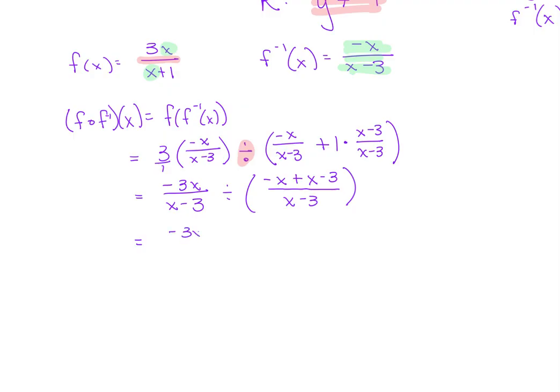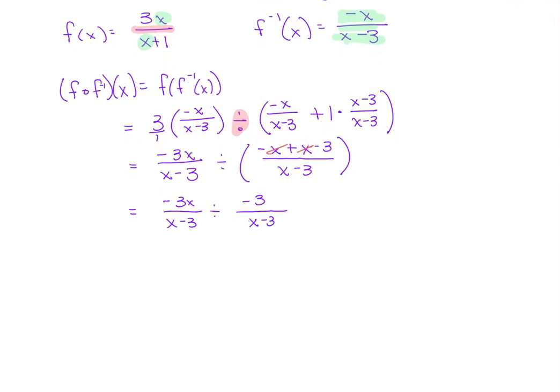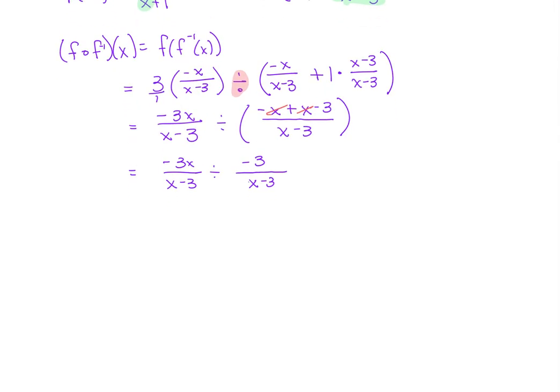The first one is okay. The second one, we want to combine our like terms, and what we get is negative 3 over x minus 3. We are dividing fractions, and so we do want to flip this.